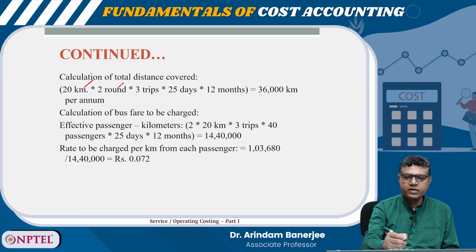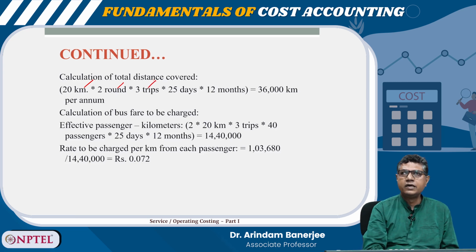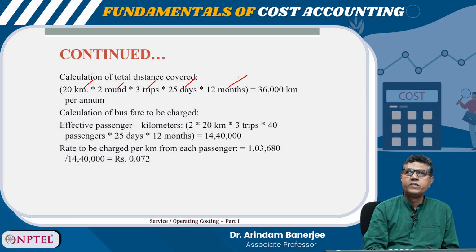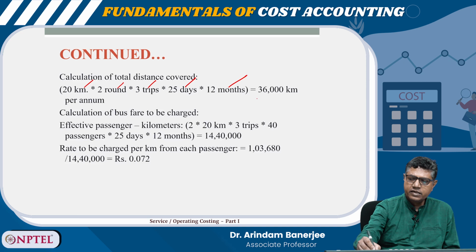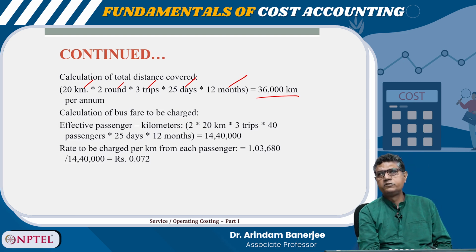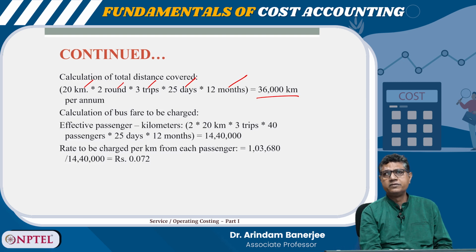So, 2 rounds into 3 trips, and he does it for 25 days in a month and 12 months in a year. So, if I multiply, it comes to 36,000 kilometers per annum. So, calculation of the bus fare.